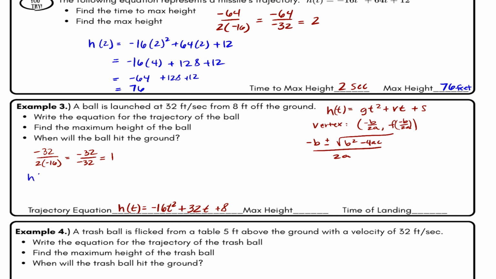So it's going to be h of 1 equals negative 16 times 1 squared plus 32 times 1 plus 8. So this is really going to be negative 16 plus 32 plus 8. That is just 21. Oh, not 21. Sorry, I miscalculated that. It's 24.